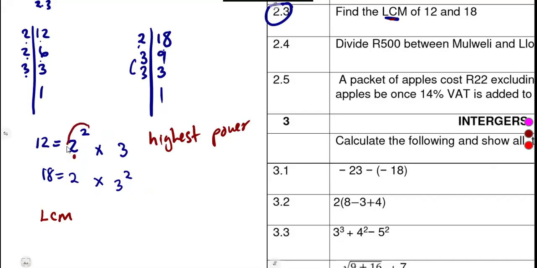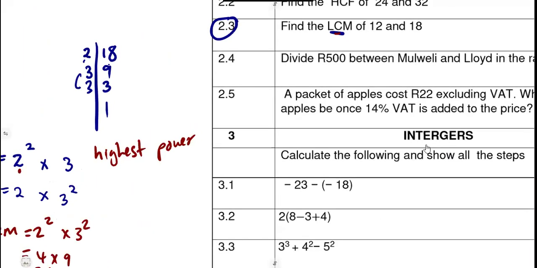The one that has got the highest power is this one, compared to this. So that's 2 to the power of 2. On 3, the one that has got the highest power, 3 to the power of 2. So that's it. 2 to the power of 2, which is 4, times 3 to the power of 2, 3 times 3, which is 9. Multiplying this, we're going to get 36. So just like that, this is your LCM.